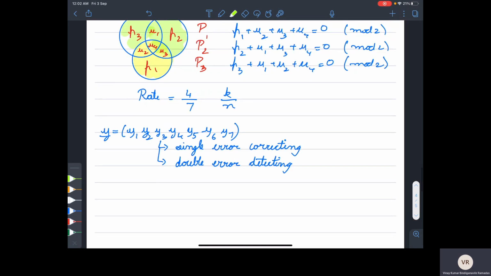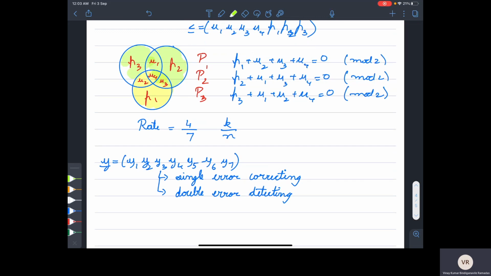So you can detect that there is an error, but you won't be able to correct it, since you won't know that it is a double error, right? So this is the Hamming code that was proposed by Hamming.